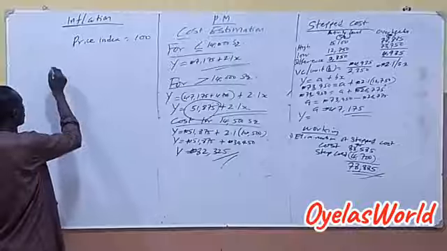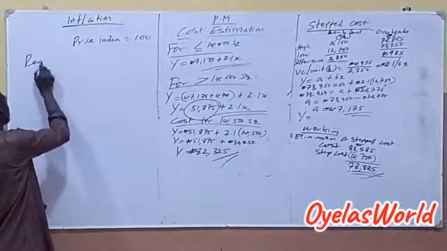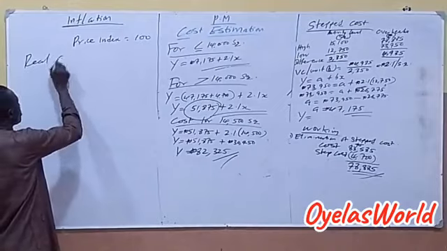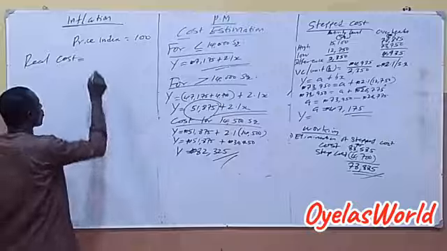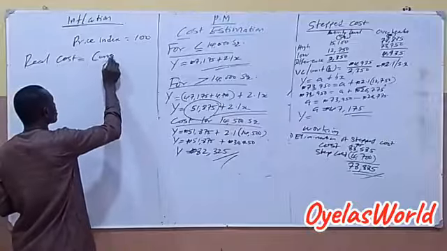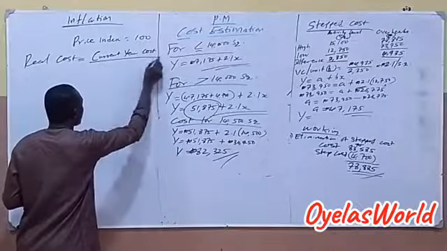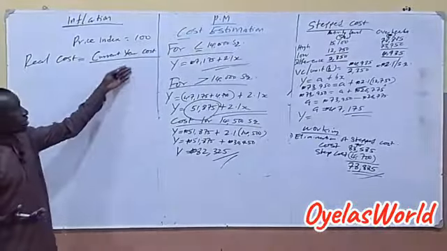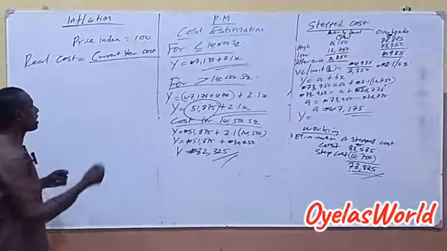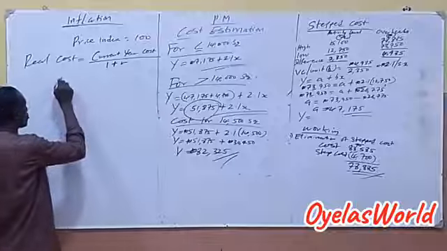Just look at the figure, cost. Let me do that. Cost will be current year cost divided by, the real amount equals the current year amount divided by 1 plus R. R is what?